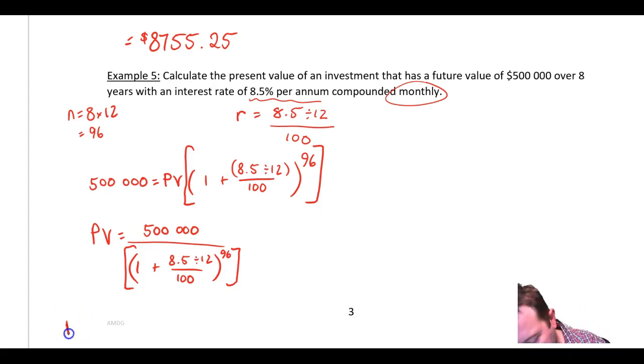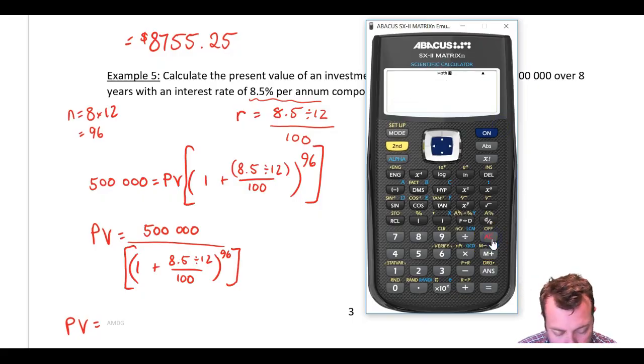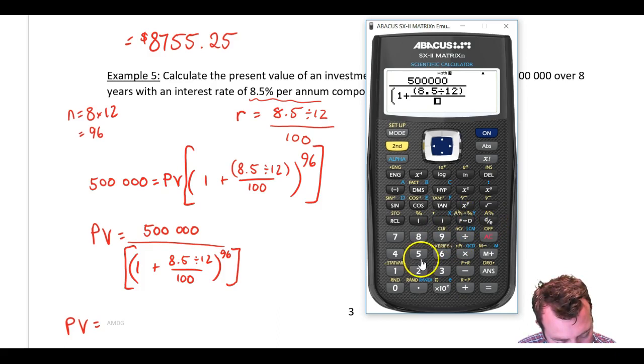So here we go. I should be able to, with a little bit of care, punch that into the calculator. Let's have a go at doing that. So my present value will be 500,000 over, it's my fraction, now, bracket, 1 plus, another bracket, 8.5 divided by 12, close that bracket, over 100.